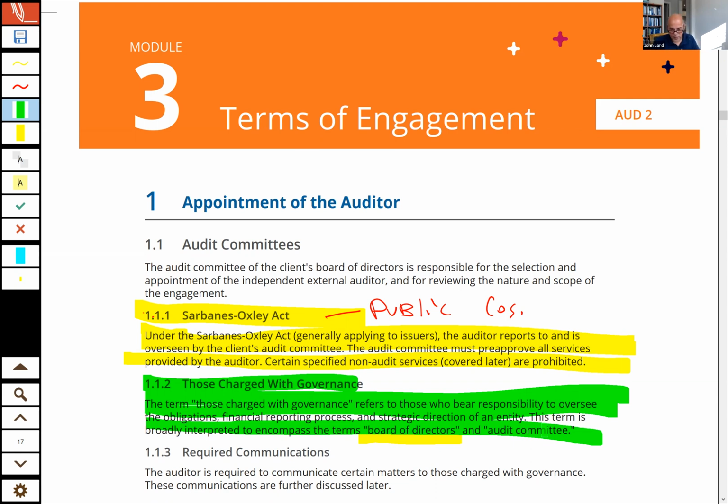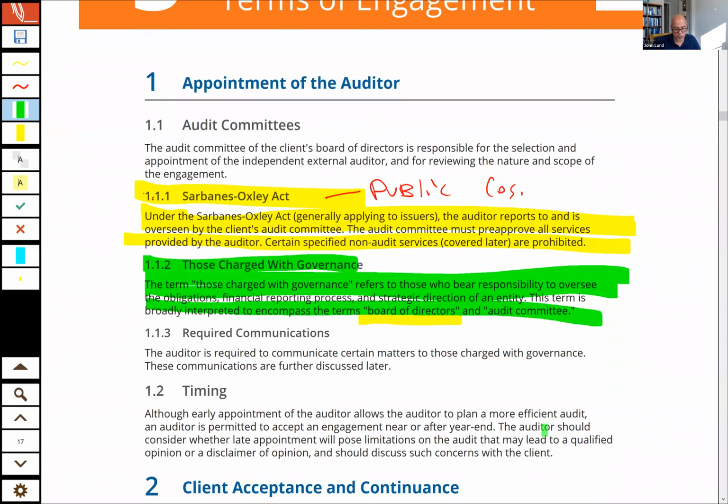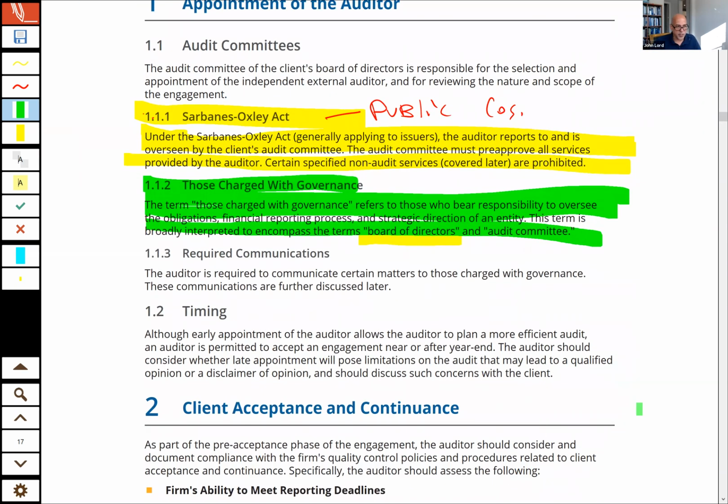Sometimes we call them those charged with governance, because not every organization has a board of directors. For example, public housing agencies will have what they call a board of commissioners. So to not limit it to the term board of directors, those charged with governance is somebody at the top of the organization who is responsible for the audit.